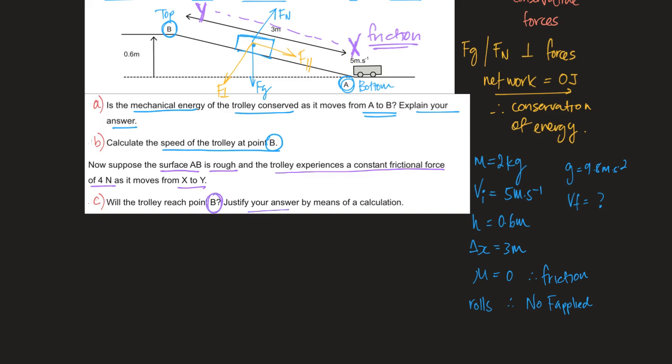Justify your answer. Will it reach point B means, does it have enough energy to reach the top?